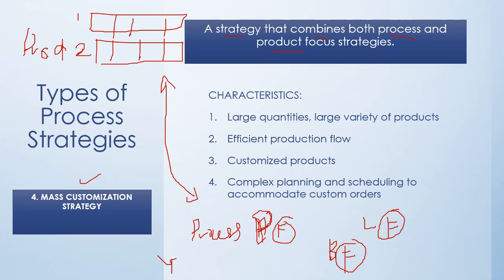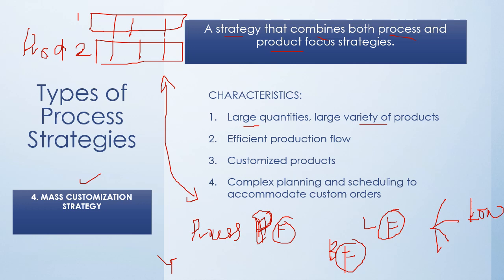First characteristic is large quantity, large variety of product. If the company produces large quantity and large variety of product, okay, process focus tadi ingat, company produce a lot of variety but very low quantity.